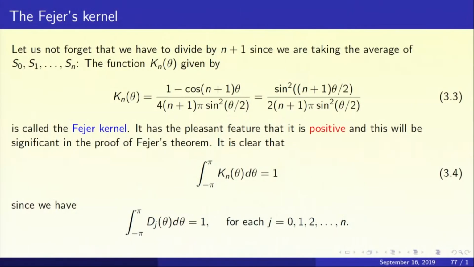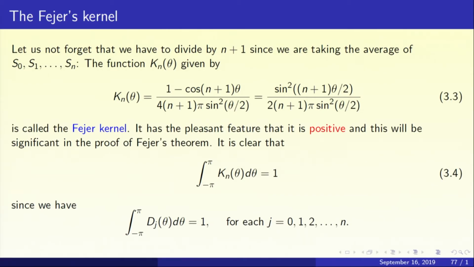What are the properties of the Dirichlet kernel? When I integrate dj from minus pi to pi, I get 1. But how do I get the Fejer kernel from the Dirichlet kernel? I simply do the averages: d0 plus d1 plus and so on plus dn, upon n plus 1. And now if I integrate it from minus pi to pi, again I am going to get 1, right?